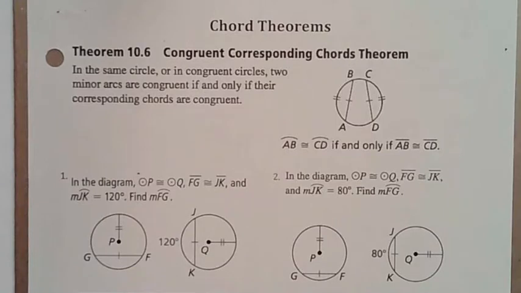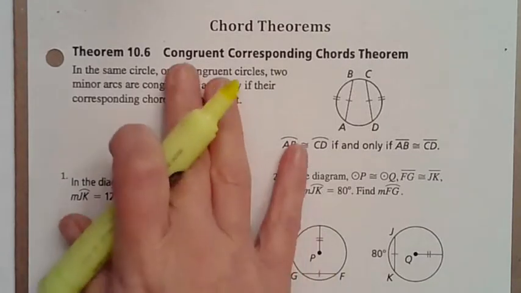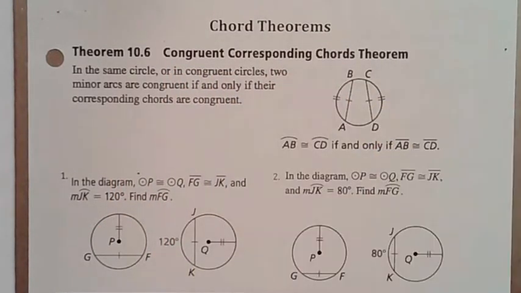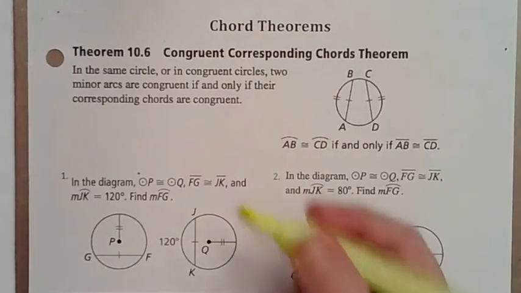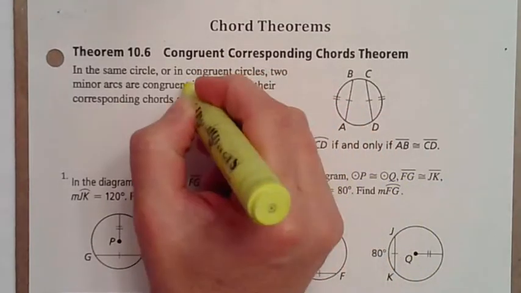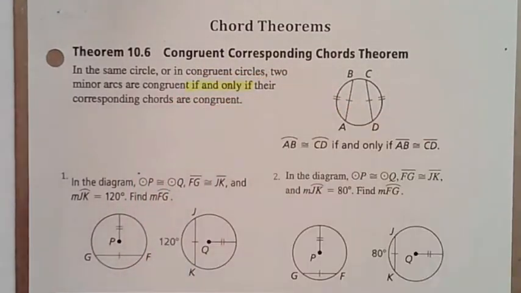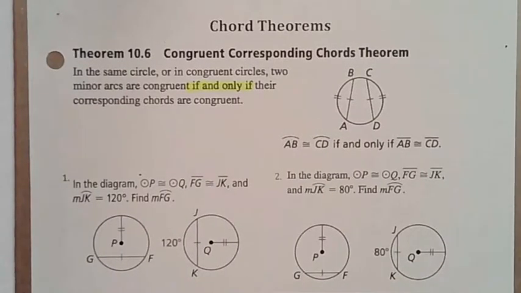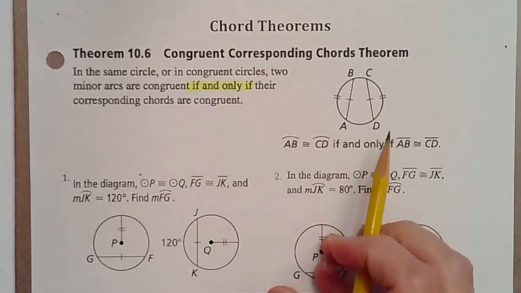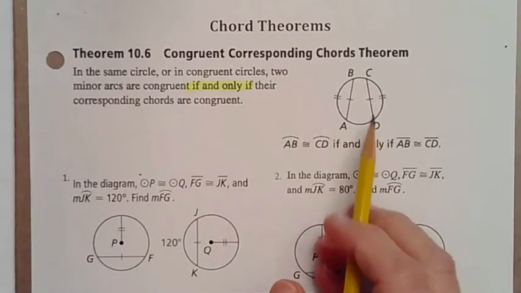Here we go. Here's our first one, the congruent corresponding chords theorem. This is an if and only if, so we are going to go over what that means too. Okay, so this is one way we can read the theorem.